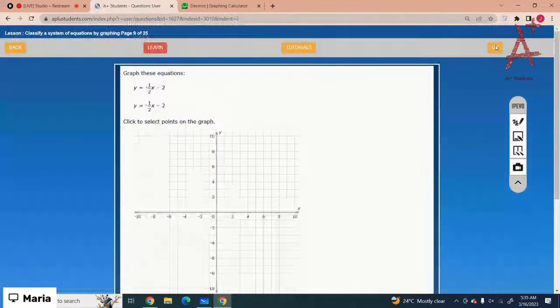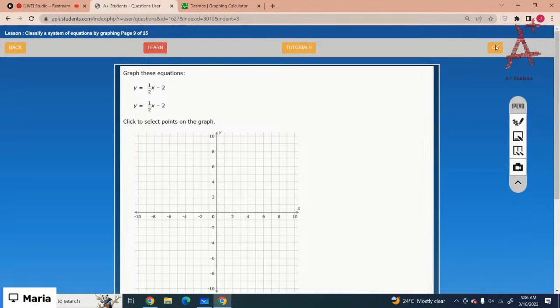Okay, y equals negative 1 over 2x minus 2 and y equals negative 1 over 2x minus 2. So both the equations are identical. Got it? That means they have infinitely many solutions and the system is consistent and dependent.